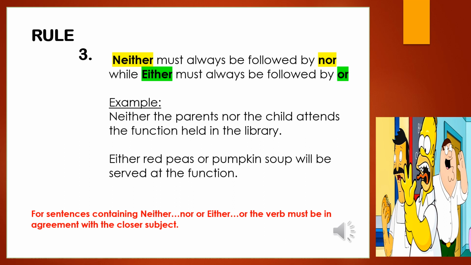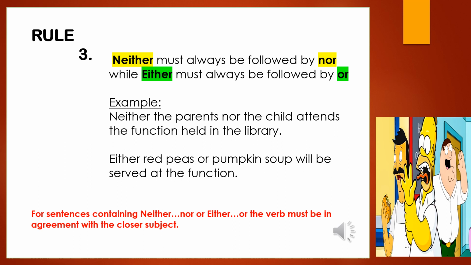Rule number 3. The indefinite pronoun neither must always be followed by nor, while either must always be followed by or. Example, neither the parent nor the child attends the function held in the library.